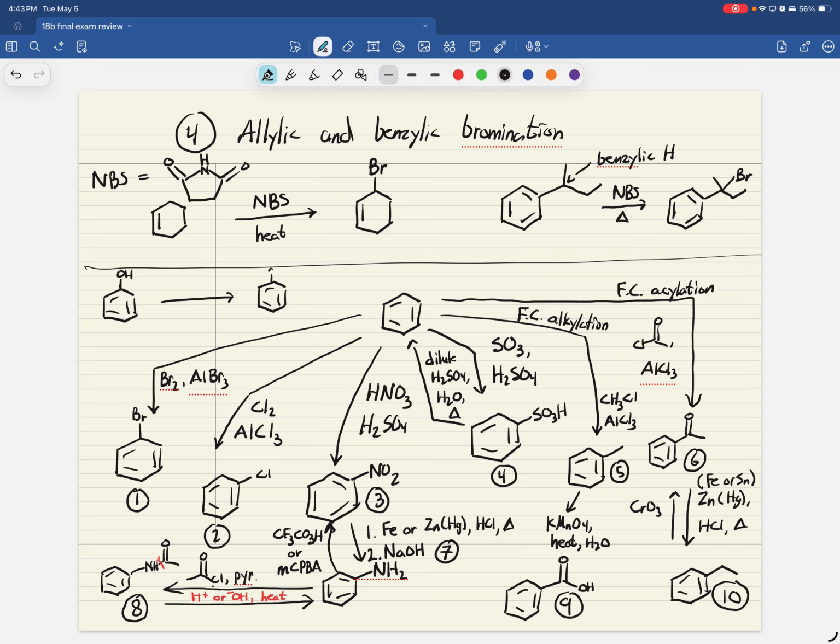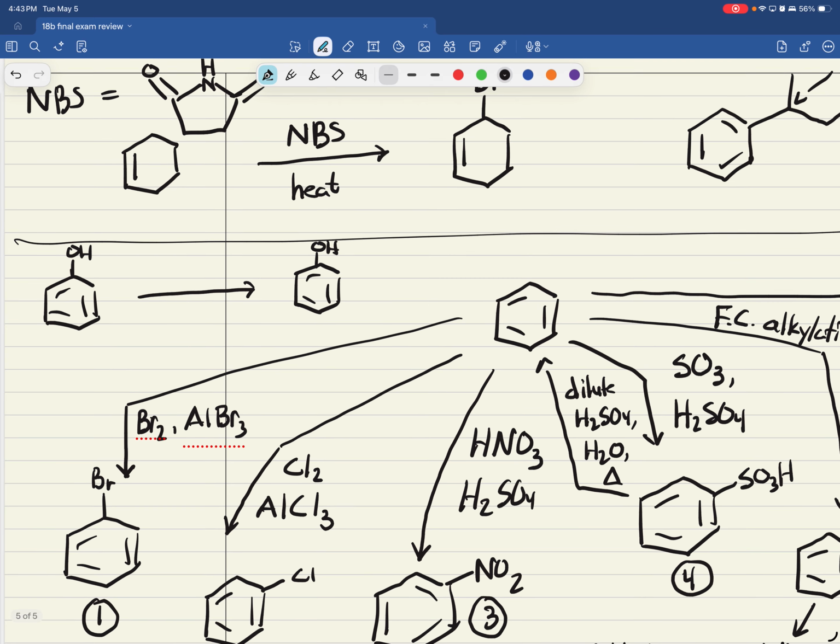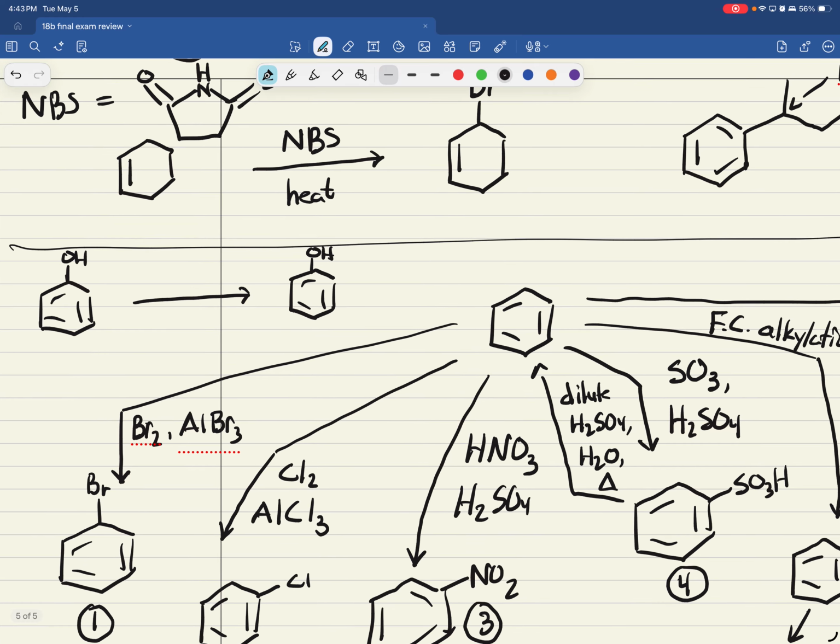But remember, phenol is too reactive. How do we make it less reactive? By adding a CH3 group here. So there's two ways to protect this and deprotect it. So we want to deprotonate OH, so sodium hydroxide first.